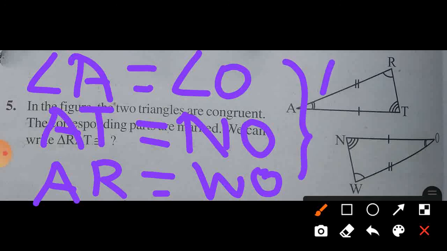So this is angle, this is side, and this is also side.